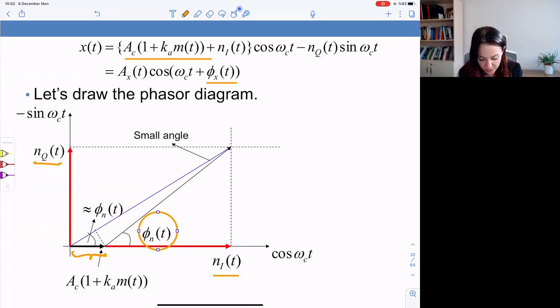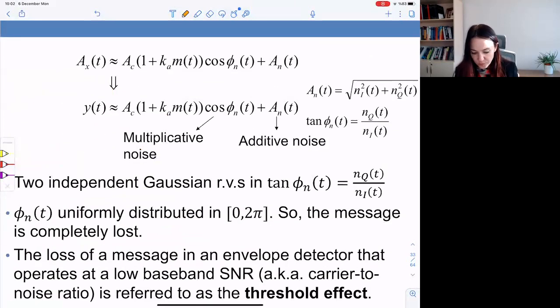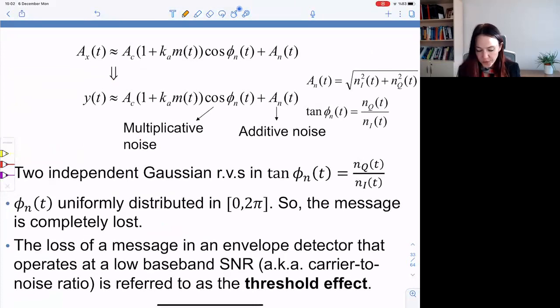This is the resultant angle, theta x. And when signal is small enough, this angle can be approximated by this angle. Of course, in the low SNR limit, essentially. And then we will be able to go further with this analysis using this assumption.